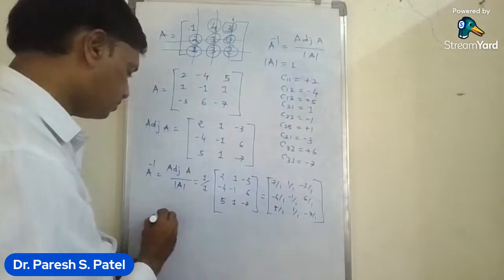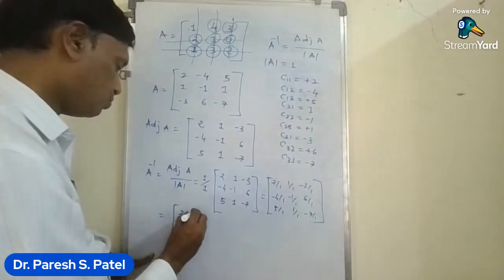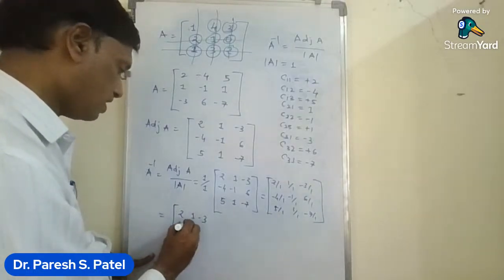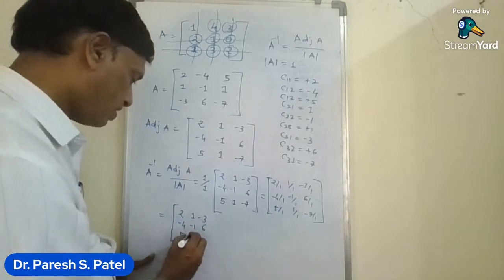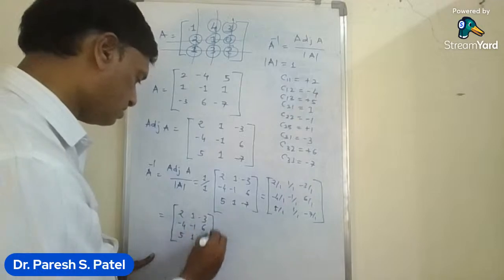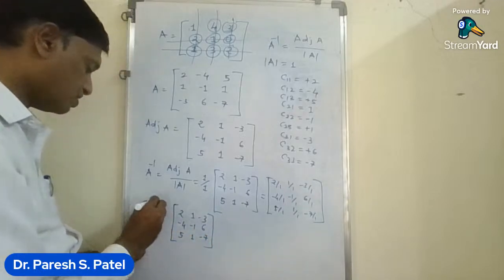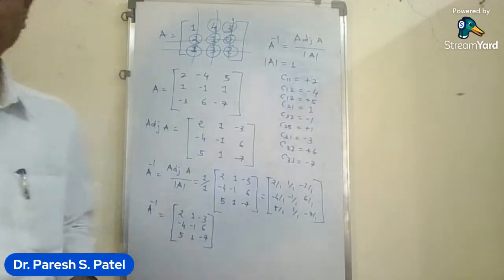So this is equal to 2 1 minus 3, minus 4 minus 1 6 and 5 1 minus 7. So this is the inverse for the three-dimensional matrix.